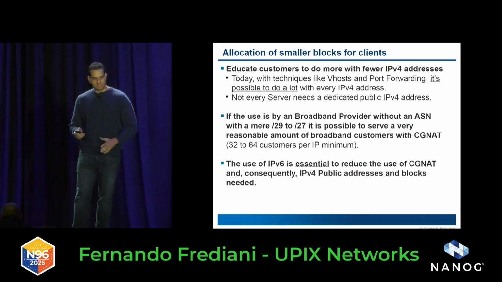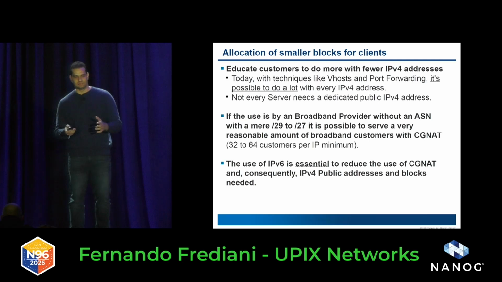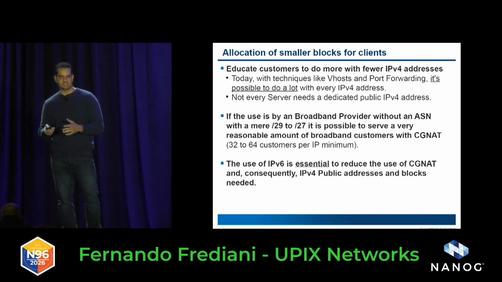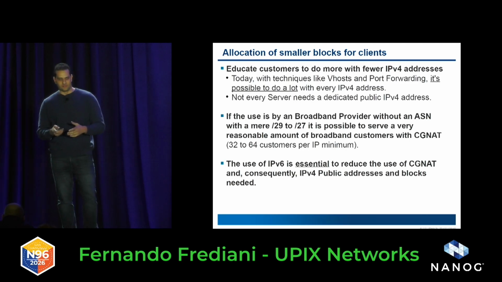And not less important, the usage of IPv6 in all these scenarios is critical, especially with CGNAT, because if you don't have IPv6 along with your CGNAT, you will use a lot more blocks allocated, and therefore use more IPv4 from your pool.